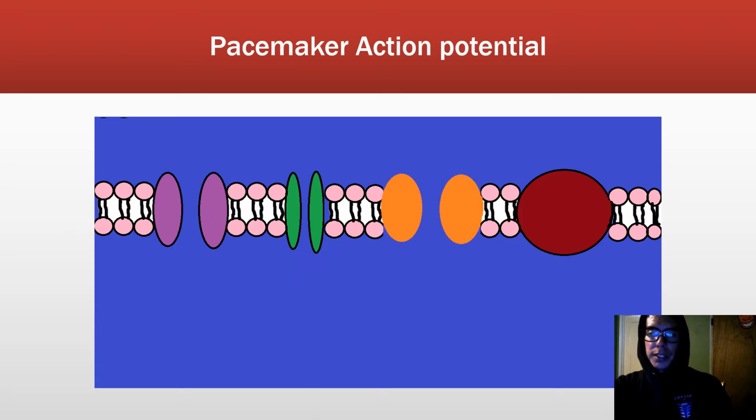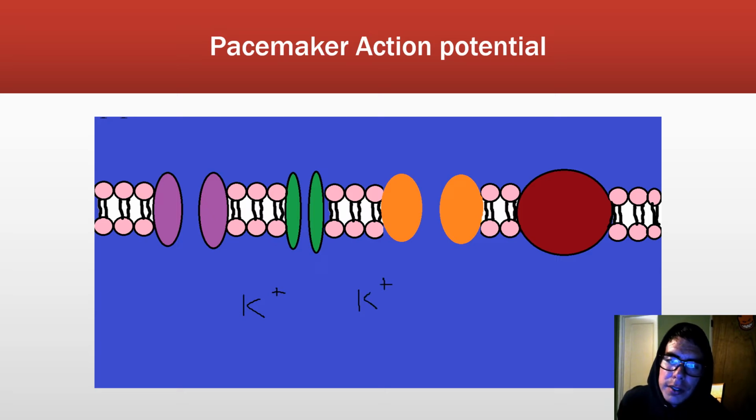So in a polarized state, I'm just going to draw how that would look. In a polarized state, we have not a lot, but some potassium within the cell, like this. Then we have much more sodium and calcium outside of the cell, in a polarized state, that is.